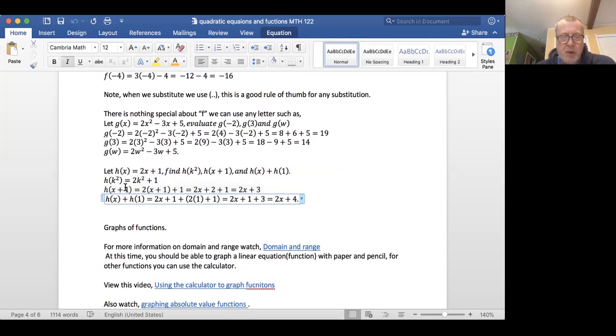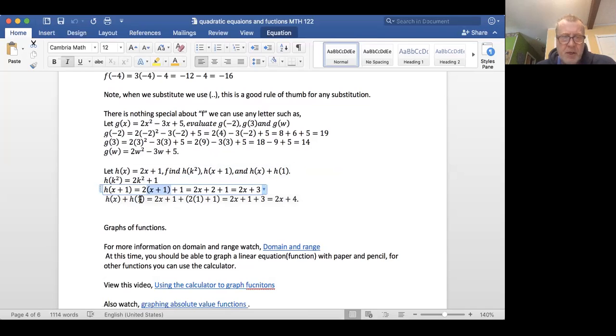h of x plus 1 means we put x plus 1 in every place there's an x here in h of x. The x was here by the 2, so we put x plus 1 in. We'll simplify this by distributing the 2. 2x plus 2 plus 1 gives us 2x plus 3.